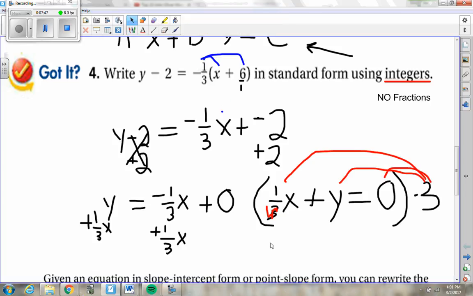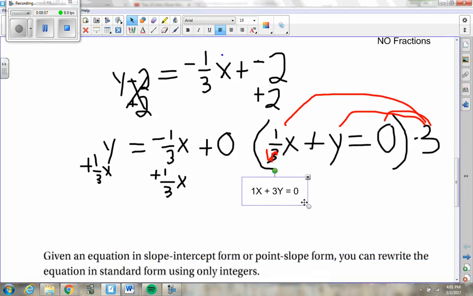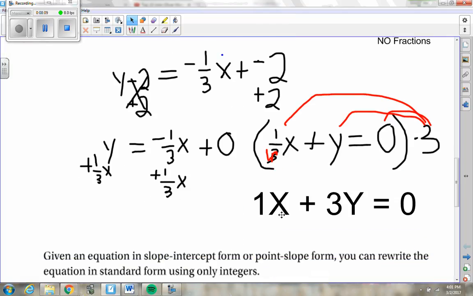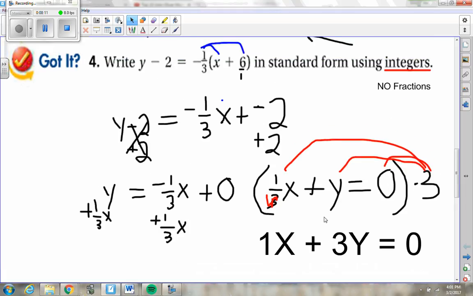What I end up with is just a 1x, because that's what was on the top of my fraction. The bottom goes away, I'm left with what was on the top. 1x plus, now I have to take the y and times it by 3, which gives me 3y, and then it equals 0 times 3, which nicely stays 0. So this equation, 1x plus 3y equals 0, is really the standard form of this crazy equation up above.